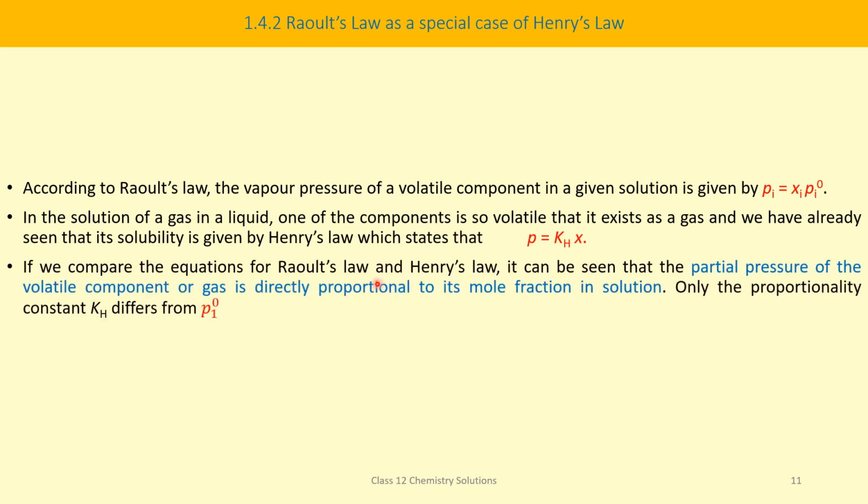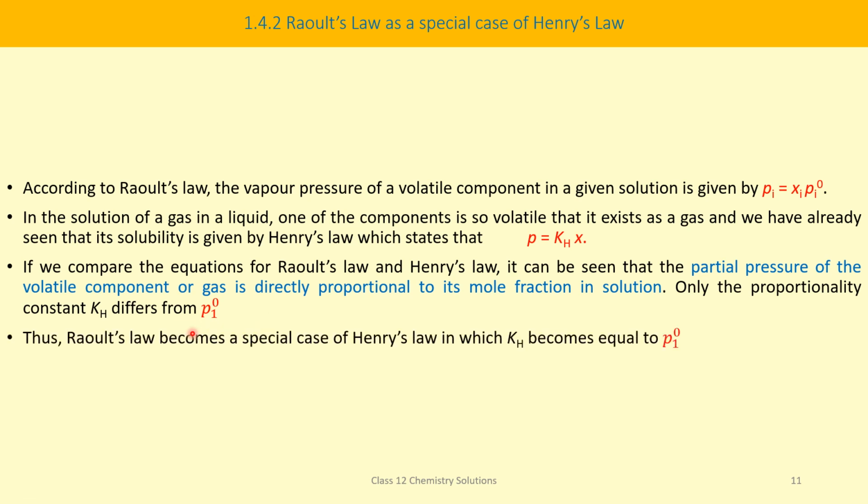If we compare the equations of Raoult's law and Henry's law, it can be seen that the partial pressure of the volatile component or gas is directly proportional to its mole fraction in solution. Only the proportionality constant Kh differs from P1 naught. Thus, Raoult's law becomes a special case of Henry's law in which Kh is equal to P1 naught.